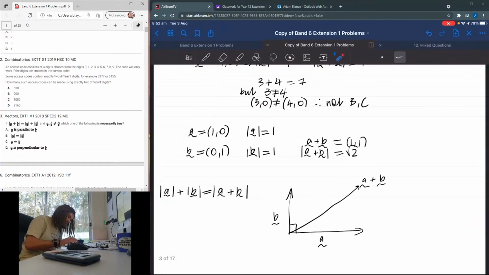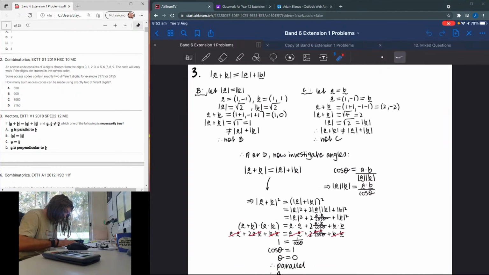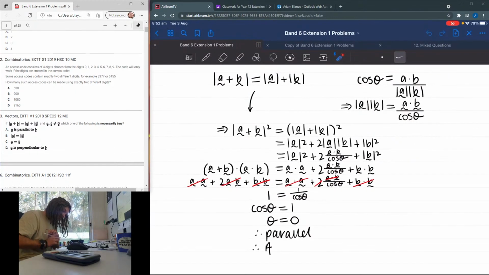I suppose it comes down to, so this is the solution I wrote. Oh, it's here. This basically says the angle has to be, well, cos theta has to be 1.